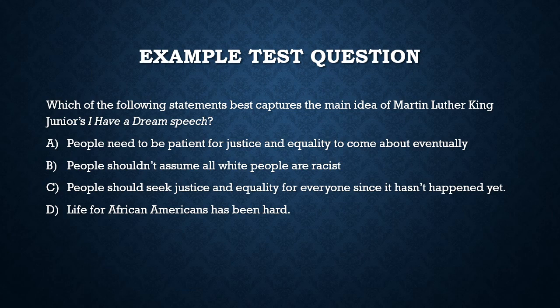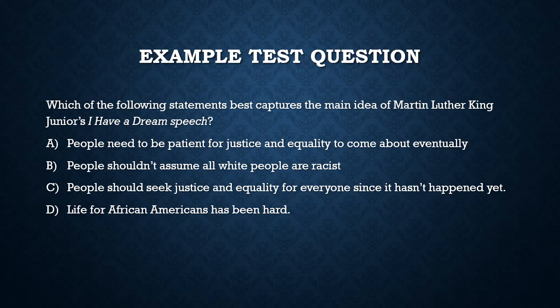But we'll also read D just in case. D is saying life for African Americans has been hard. Again, this one does have a lot of evidence in the passage supporting it, but it's not necessarily the main idea. It's one of the main ideas, but it's not capturing the whole thing.